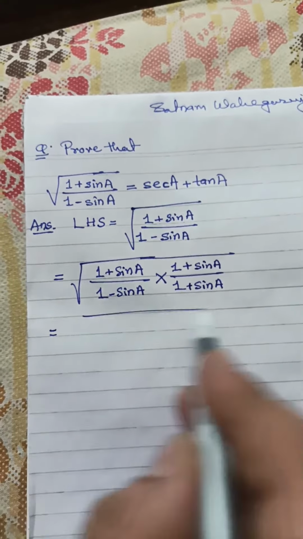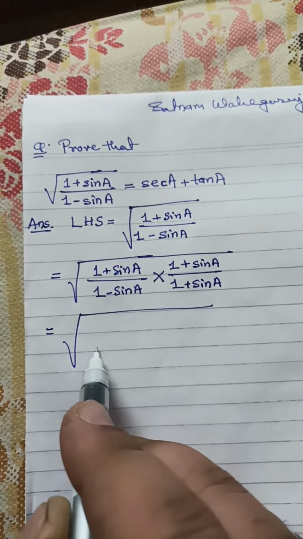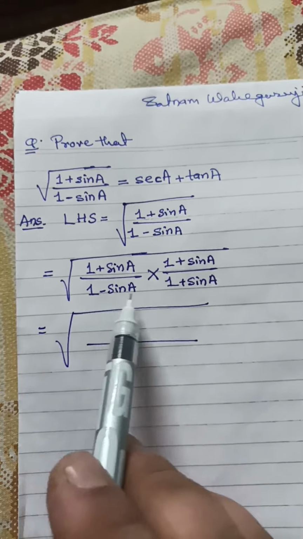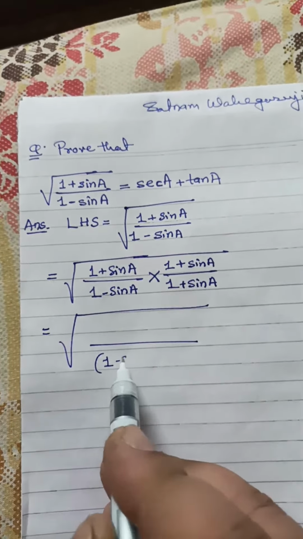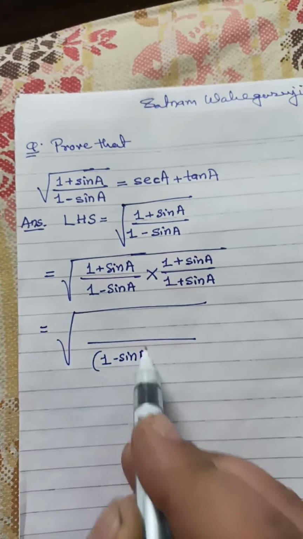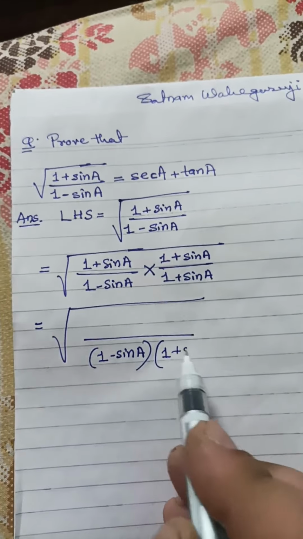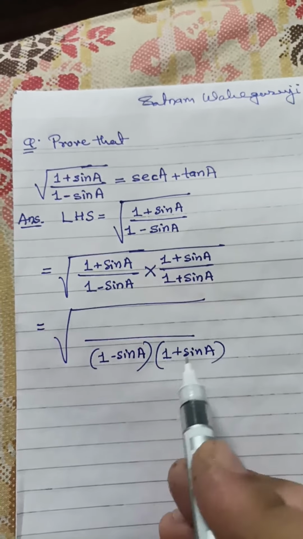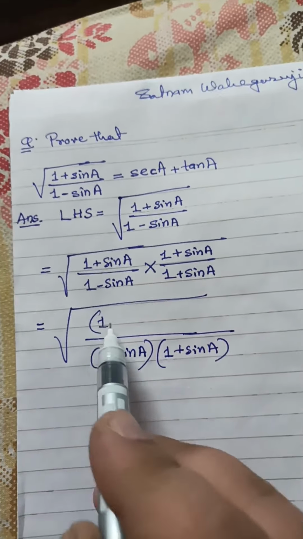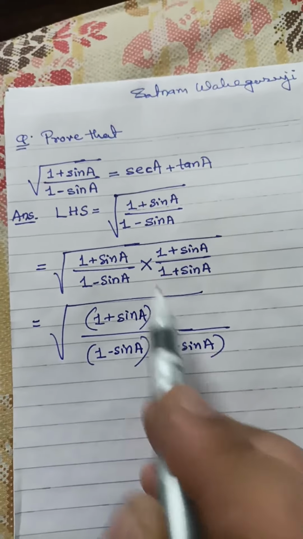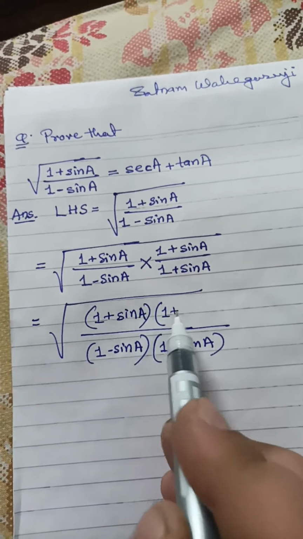Now in the denominator we'll get 1 minus sin a into 1 plus sin a, the product, and in the numerator we get 1 plus sin a into 1 plus sin a.